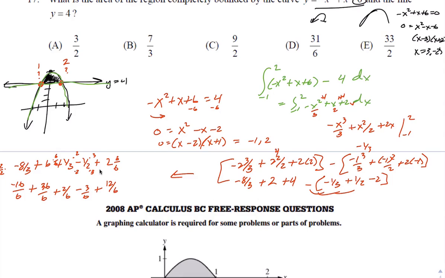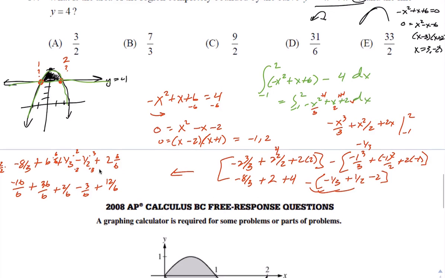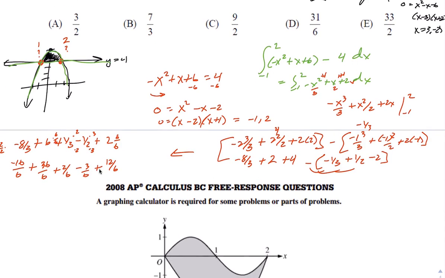So 12 over 6. Add up all the tops. What do I get? I get 20 plus 2 minus 3 plus 12. So I get 20 minus 1 plus 12. So I get 19, 20 plus 11. So 31 over 6 is my answer.